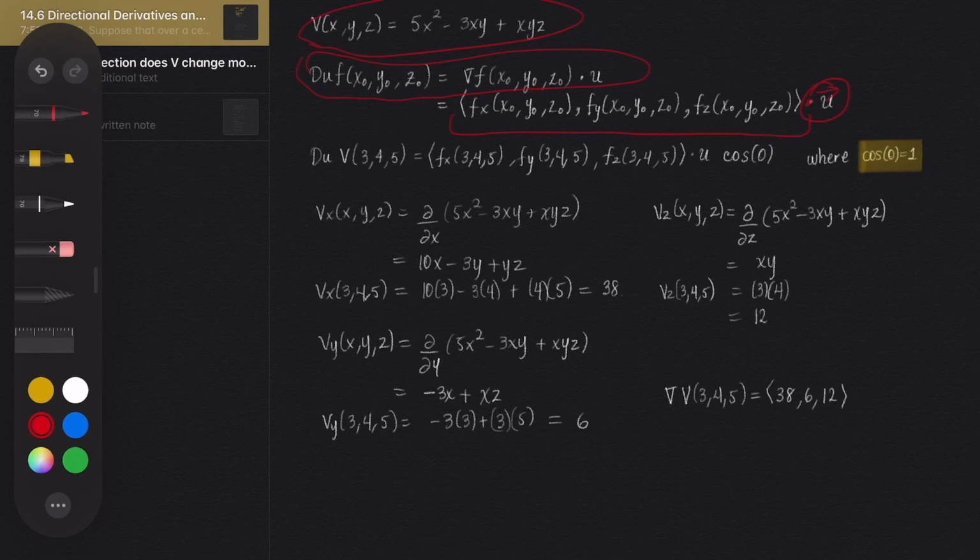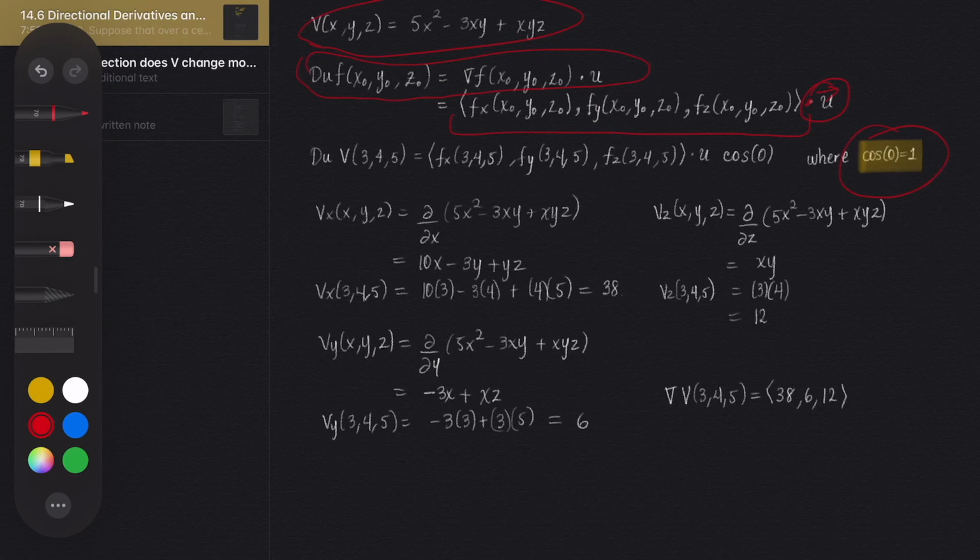If we want to know where the gradient vector is maximized, we want to take a dot product where this angle right here is equal to 0, because cosine of 0 equals 1. That is the direction in which the potential will be changing most rapidly.